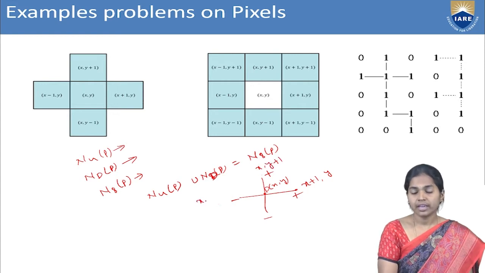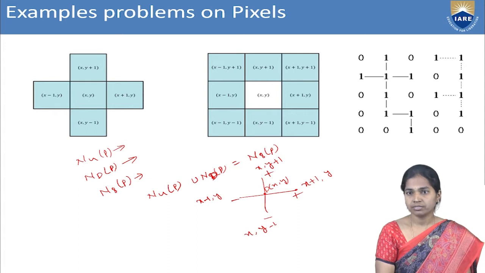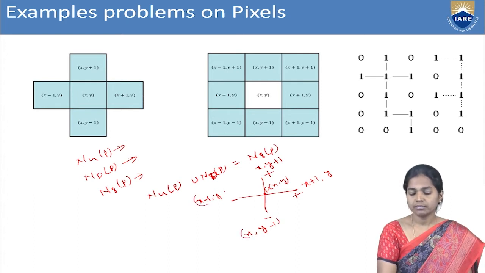This side, x minus 1 comma y. Here, x comma y minus 1. So this is nothing but n4 of p. In this n4 of p, we have two vertical and two horizontal neighbors.